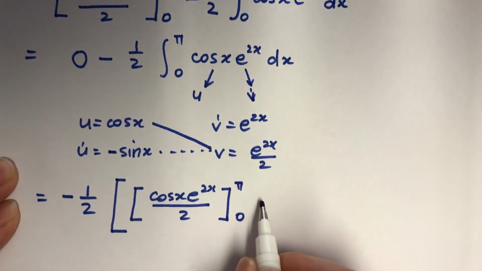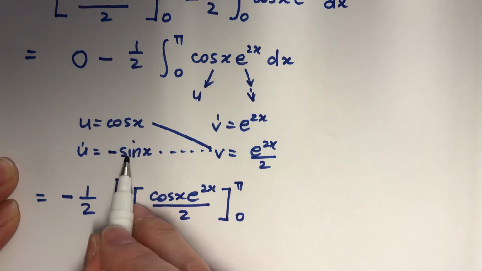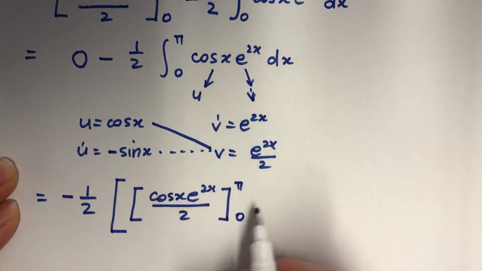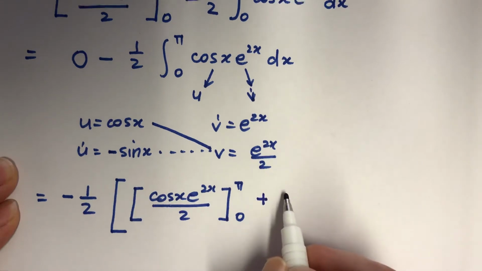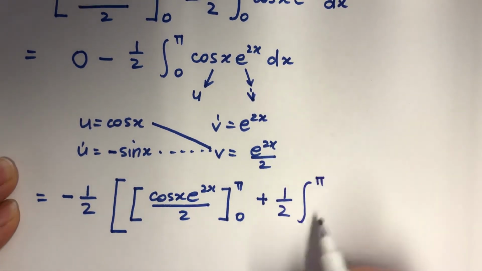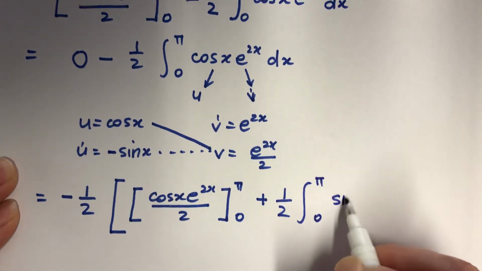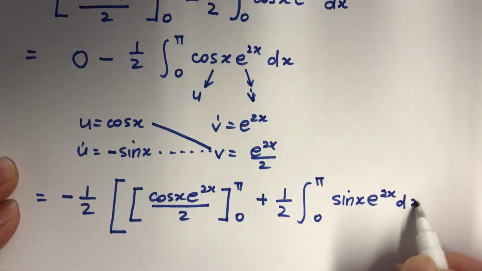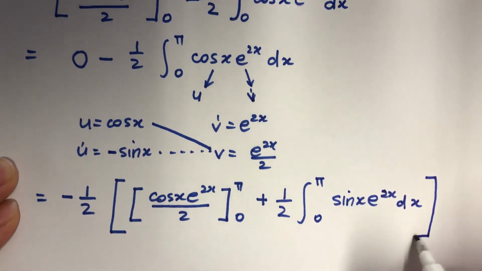Now I've got minus here, but when I look at the next two multiplied together, I've got another minus, so it becomes a plus. And then the half goes out as we did before, and then I'll go sine x e to the power of 2x dx and close it all up.